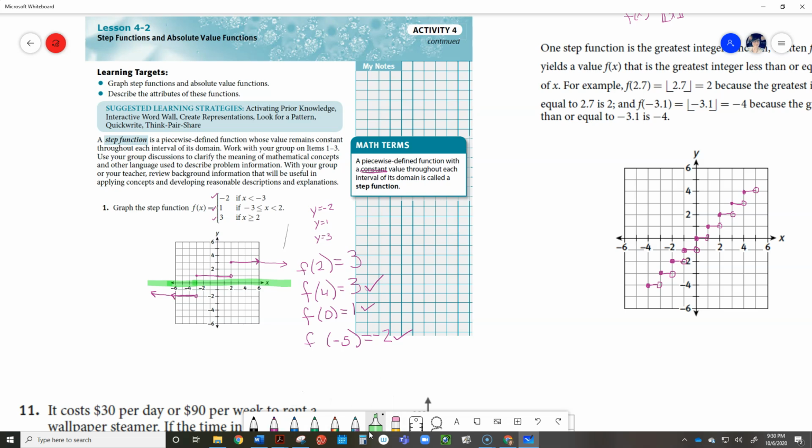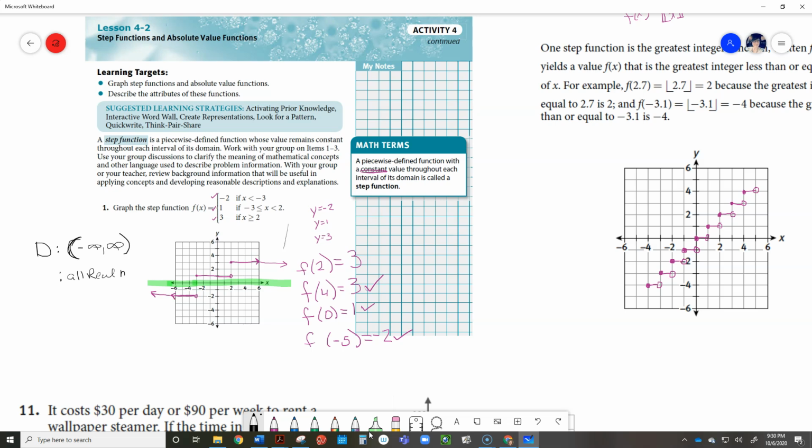Now, for the domain of this one, if you're doing interval notation, parentheses, negative infinity to positive infinity. You can't do inequalities, so you would just have to say all real numbers.